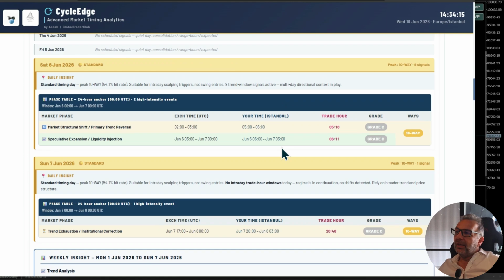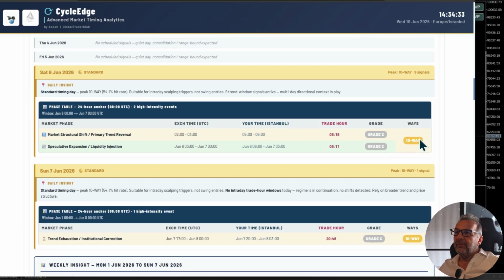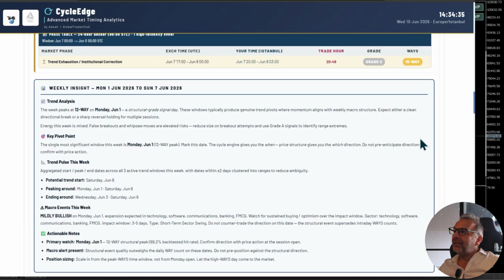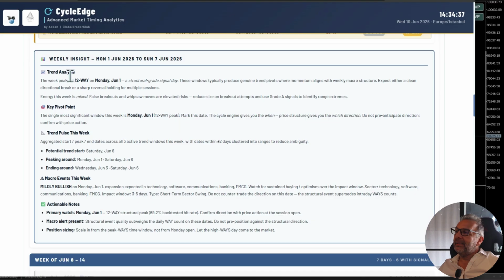Then all I have to do is put it into my technical analysis. You can check it out for the 6th, the 7th. Make sure you look at the grade of the trade and the grade of the day as well. These are important. And the weekly insight is important, because it's going to say, listen, the most significant window this week is Monday, June 1, so make that day count.